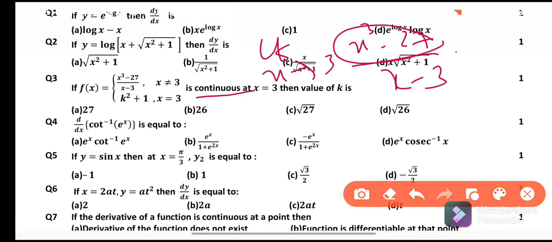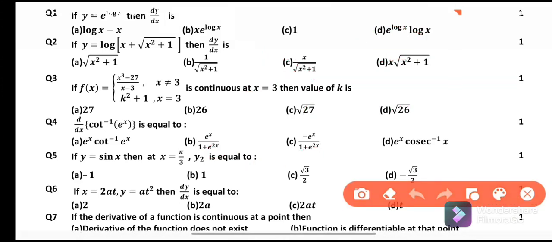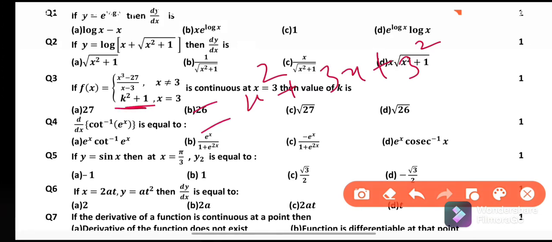Now by factorizing, x minus 3 divided by x minus 3 cancel, and x square plus 3x plus 3 square, that is x square plus 3x plus 3 square is equal to the value of the function k square plus 1.